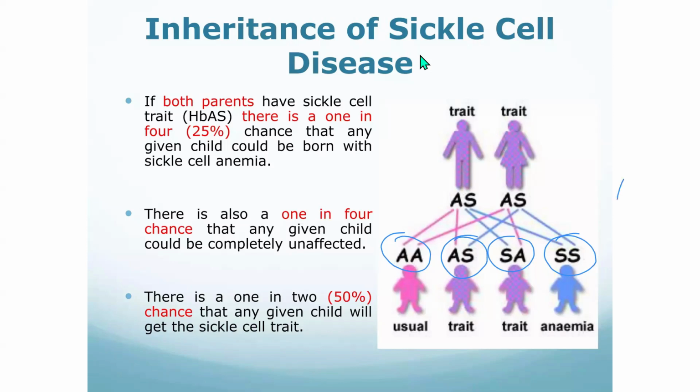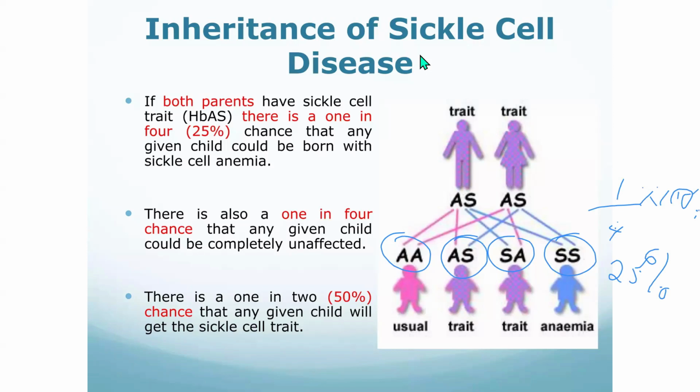You see, you have one S, so we have 1, 2, 3, 4. So 1 out of 4 times 100 is going to give us 25%. So 25% of the children will likely come up with sickle cell anemia.